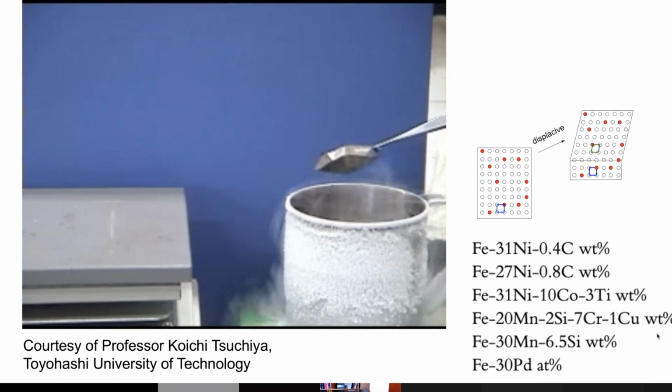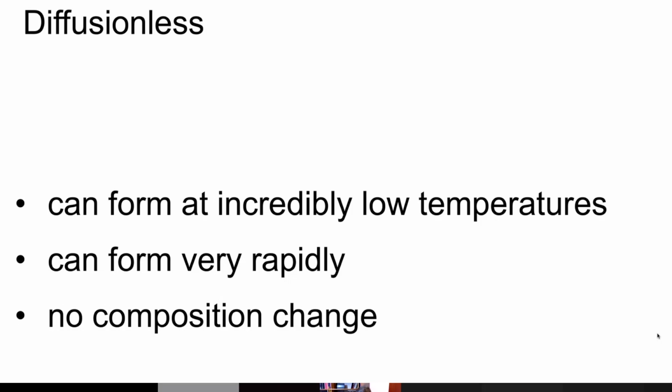Now, I've emphasized that martensitic transformation is diffusionless. Okay, how do we know that? Well, we've already proven that it can form at incredibly low temperatures, 4 Kelvin, for example, where it is inconceivable that there is any diffusion.